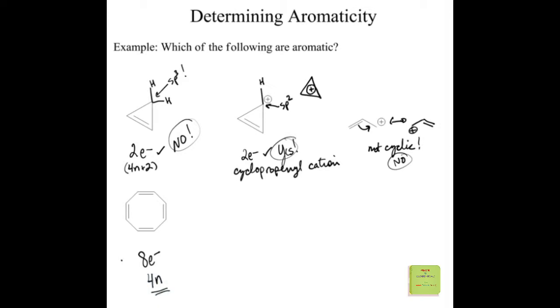And actually, if you have all the ingredients of aromaticity, cyclic and p orbitals, and you put in the wrong number of electrons, 4n instead of 4n plus 2, you actually get a system described as anti-aromatic. That's especially unstable because you're trying to force the wrong number of electrons into this delocalized system. So rather than be anti-aromatic, it's going to bend.